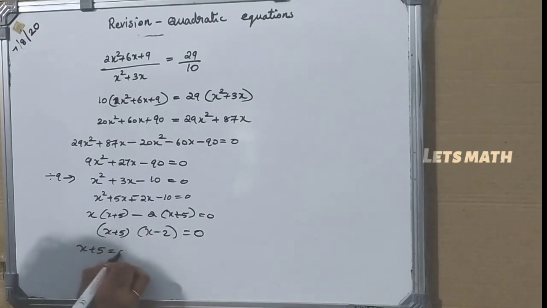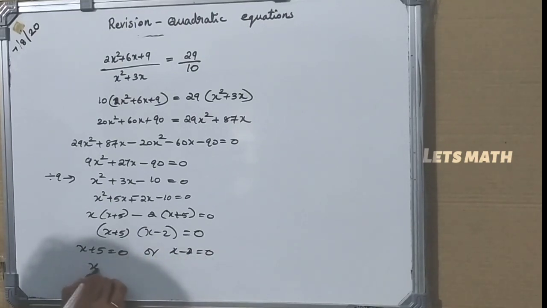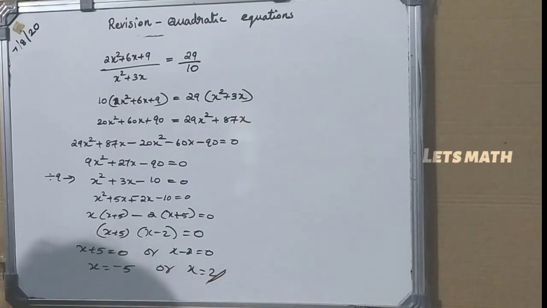You can see that x plus 5 equal to 0 or x minus 2 equal to 0. We get x is equal to minus 5 or x is equal to 2.